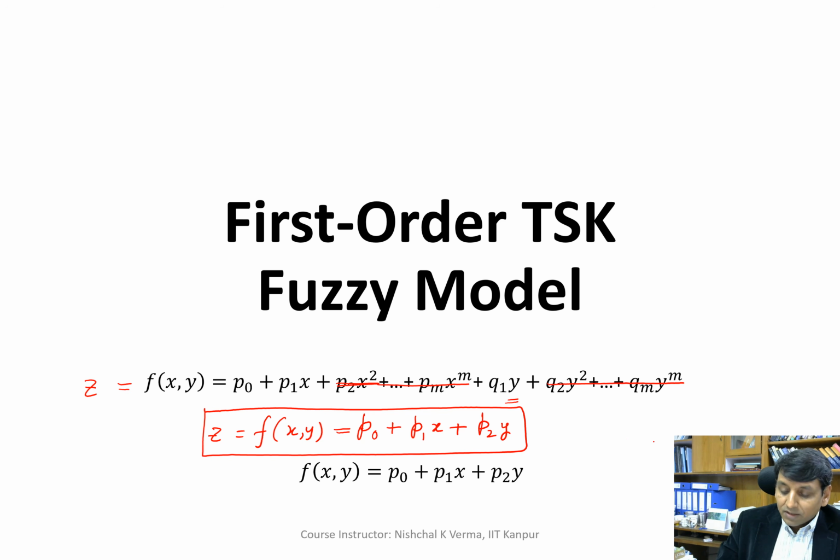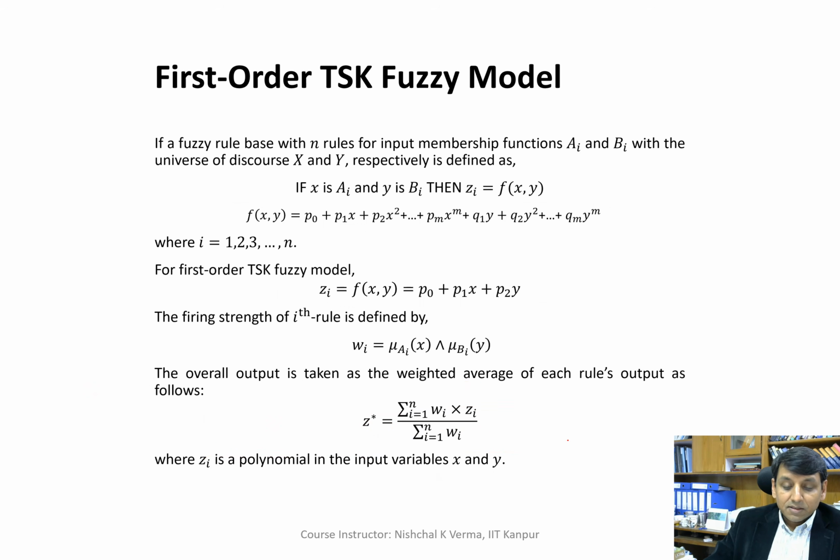If we have only one input, then obviously this y term will go away, and along with the constant we will have one more term for the single antecedent. Similarly, if we have multiple antecedents, we will have multiple terms, but the power of each input generic variable cannot exceed 1.